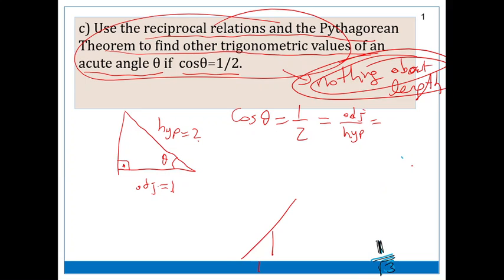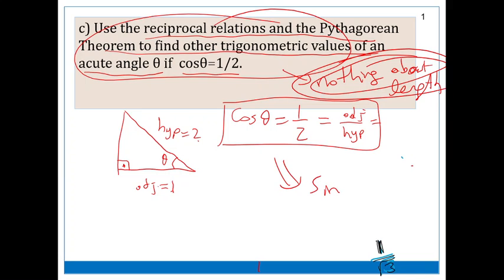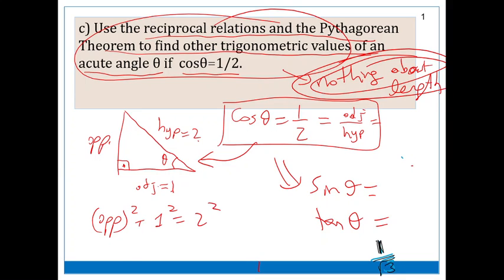I'm warning you. Now, I will use this one to get sine theta and tangent theta. I can put them here and get this leg, this opposite side: the opposite side squared plus the adjacent side squared is equal to 2 squared. The opposite side turns out to be square root 3.